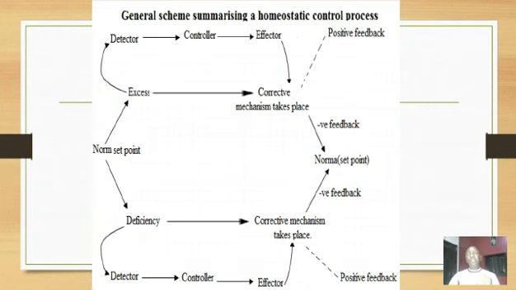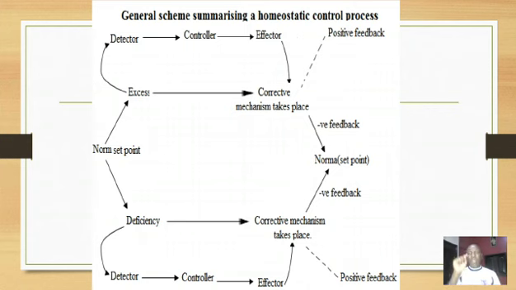This information sent to the effector is information to bring about a corrective mechanism. Therefore, the effector now sets into action corrective mechanisms to decrease that factor back to the norm. Remember, it had deviated, now it has come back to the norm. Hence, negative feedback.